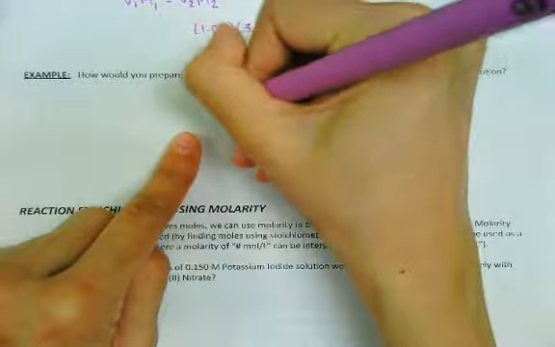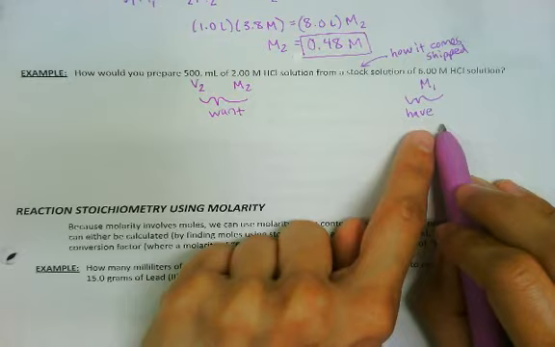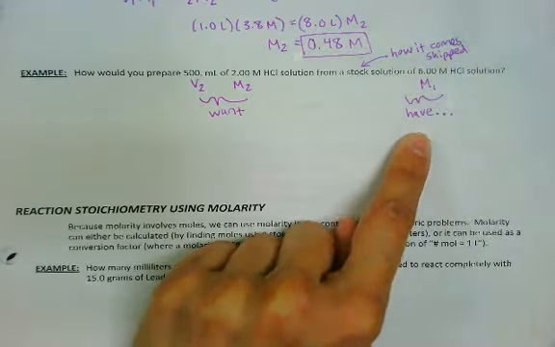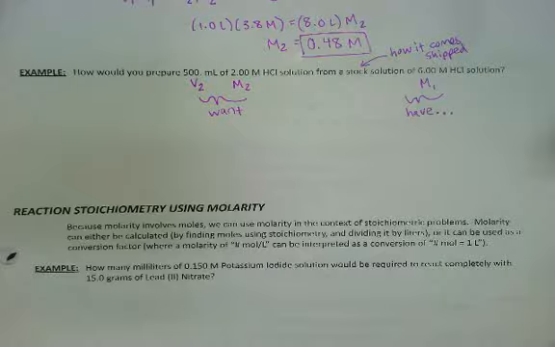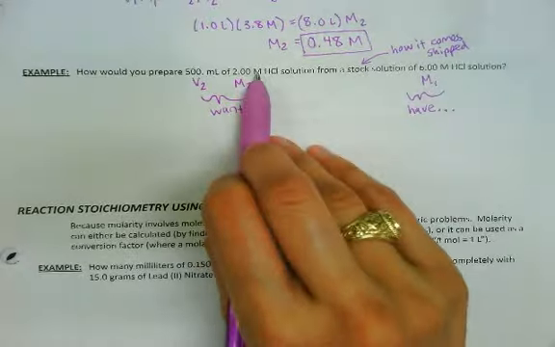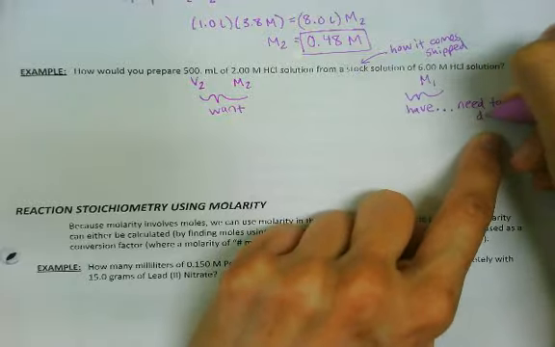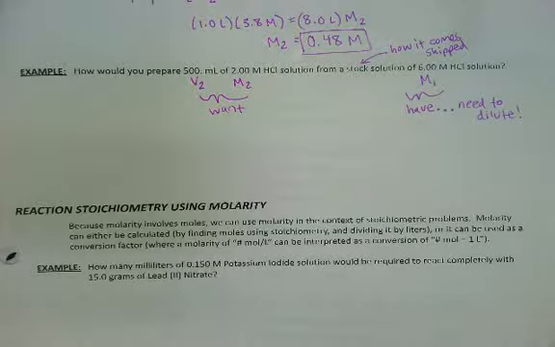So this is what I want, but this is what I have, okay? Is the solution that I have more or less concentrated than the solution that I want? Yes, the solution that I have is more concentrated than the solution that I want. So what I need to do here is dilute this solution.